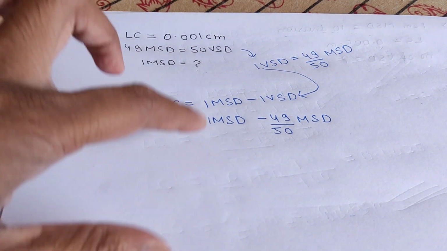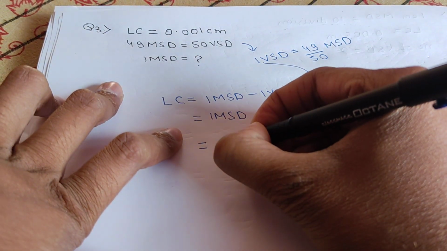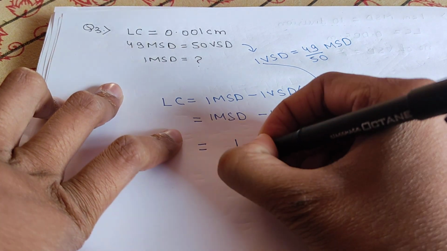Now put that value here: 1 MSD minus 49 by 50 MSD. Now you need to solve it, and it becomes 1 by 50 MSD.